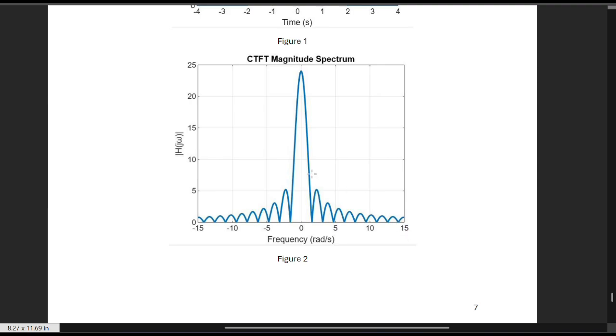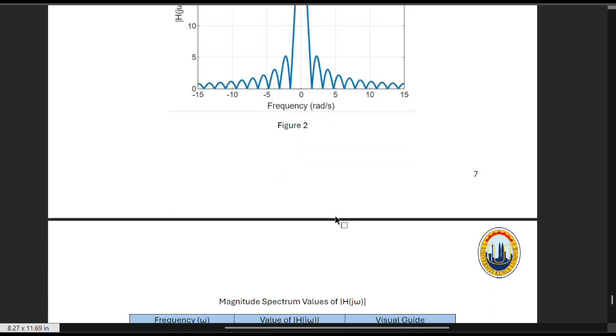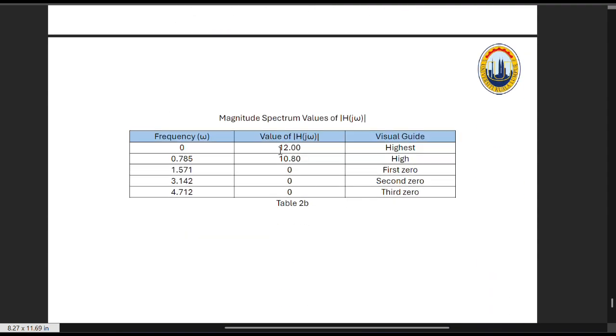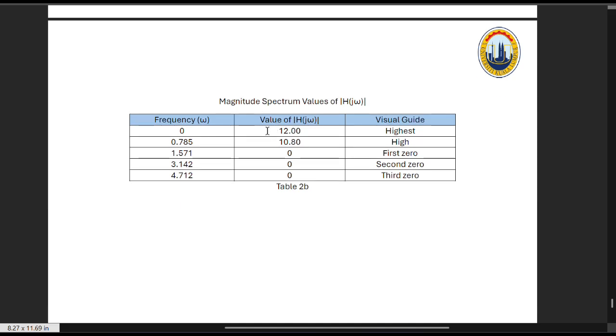So this is where we can see at point 0 the value was set until around 24. This is the magnitude spectrum values of the initial H(jω).